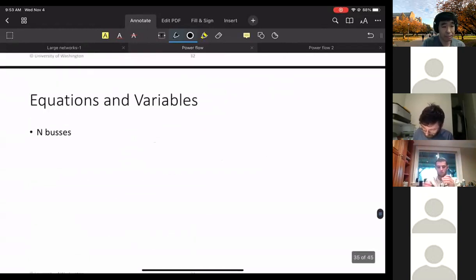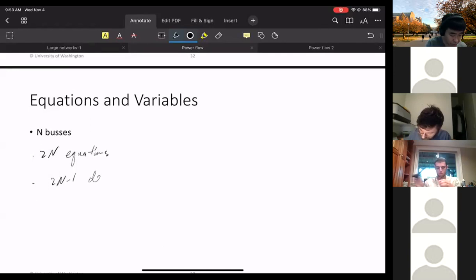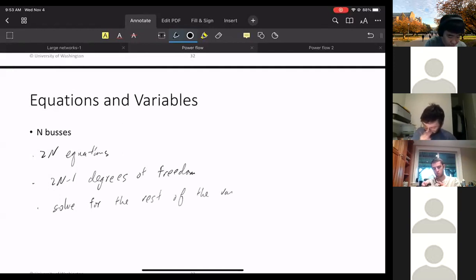Okay, so let's summarize. If you count the equations, you have 2n equations and 2n minus 1 degrees of freedom. And you solve for the rest of the unknowns, basically using the 2n numbers you picked.